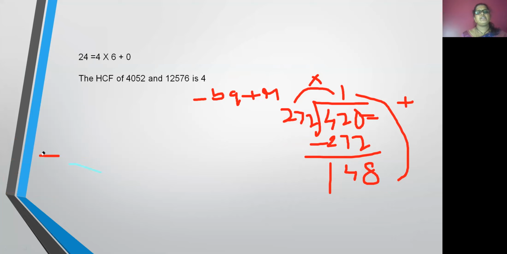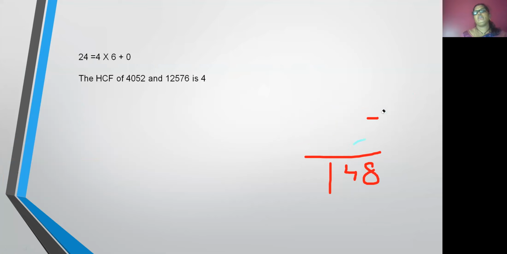So now, what is it we got in the before step? We got 24 and 4. Can we check?